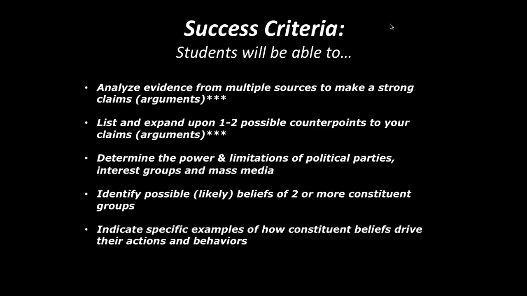For this particular unit of study, then it gets into the specifics of the content, determining the power and limitations of political parties, interest groups, and mass media. Identify possible or likely beliefs of some constituent groups, and indicate specific examples of how constituent beliefs drive their actions and their behaviors. Now, one of the behaviors of a constituent would be how they vote.